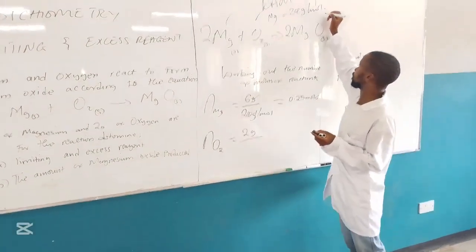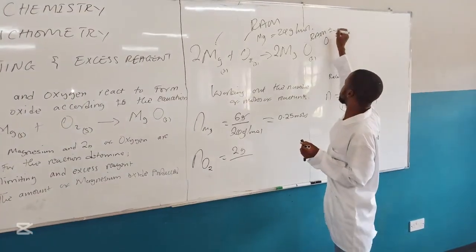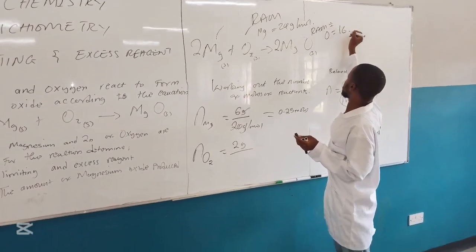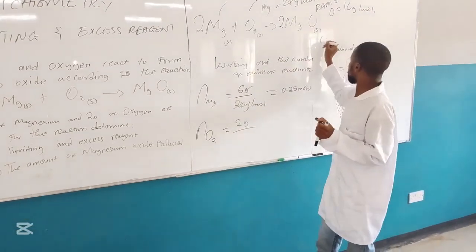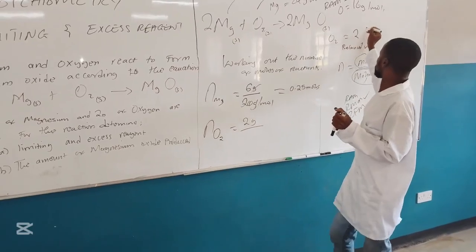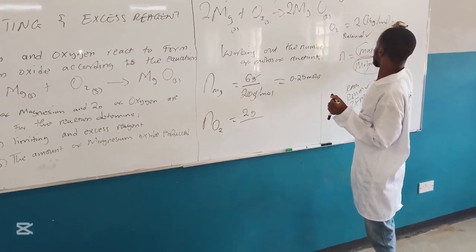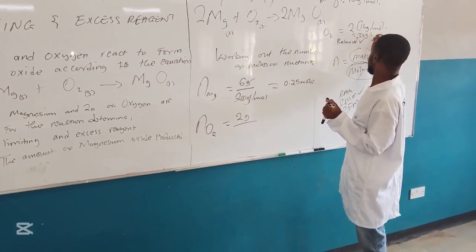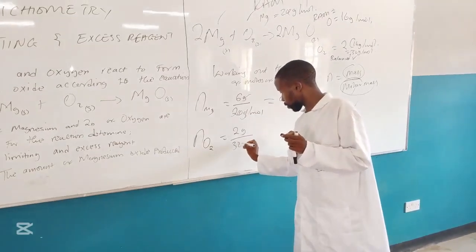So we know that Ar for oxygen is equal to 16 grams per mole. If we have O2, it implies 2 times 16 grams per mole, which gives us 32 grams per mole. So here we're going to simply put 32 grams per mole.